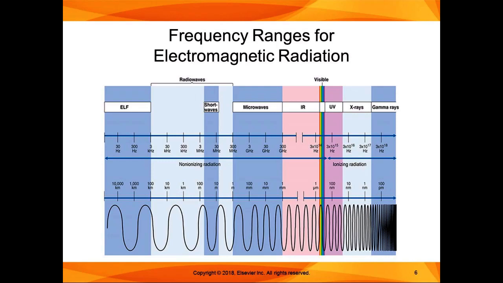So a laser is going to be one of those wavelengths within the visible spectrum, but it's going to be monochromatic, directional, and coherent. So all of the other EMR applications, shortwaves and microwaves, as in diathermy, infrared, which is out of the visible spectrum, and UV light, which is also out of the visible spectrum, they're all on this continuum, as well as X-rays and gamma rays.